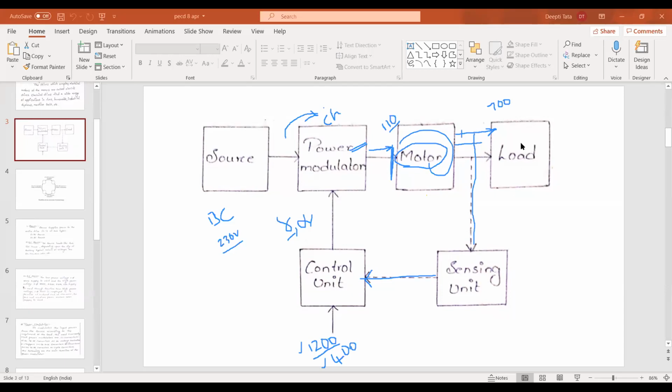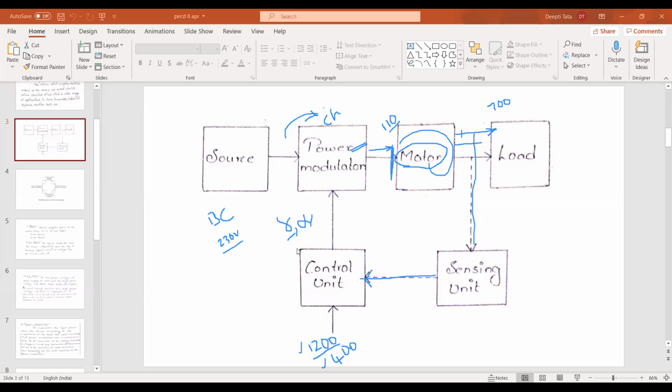Here we have treated the motor as a load. And this drive speed is similar to that of the motor speed. That's why in this path, we are going to connect a sensing unit. The working of the sensing unit is to note down the output current or the speed of the motor. And these recorded values are sent to the control unit.